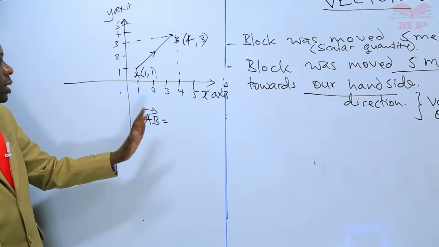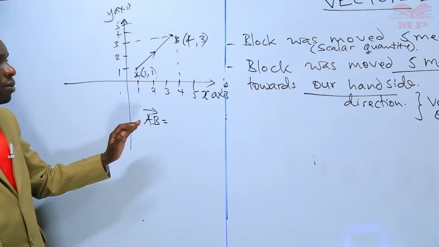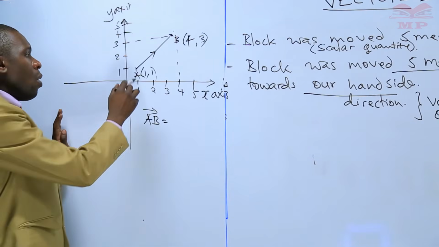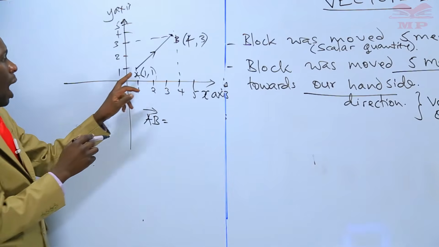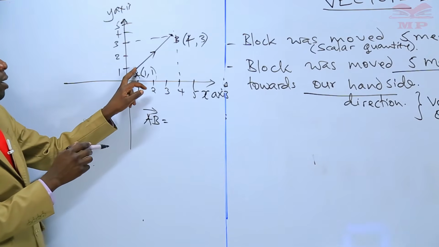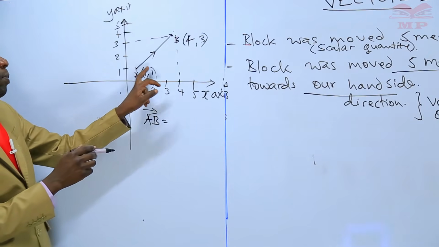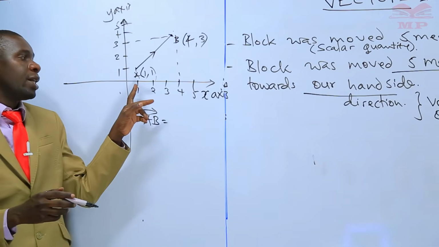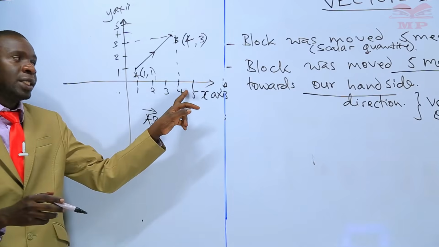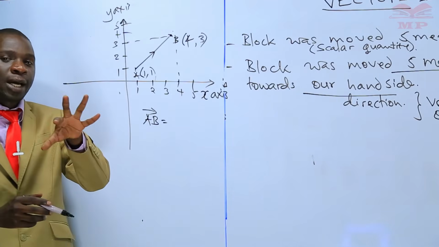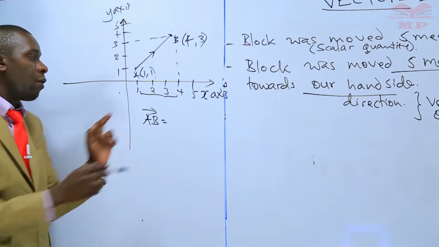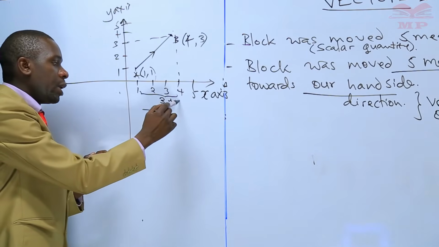Now, working with this, we can get AB. And getting AB means we have to see by how many units A has been displaced or moved towards B. In that case, we'll find that A is at 1 and B is at 4 when you look at the x-axis only. So the distance between 1 and 4 is 3 units.